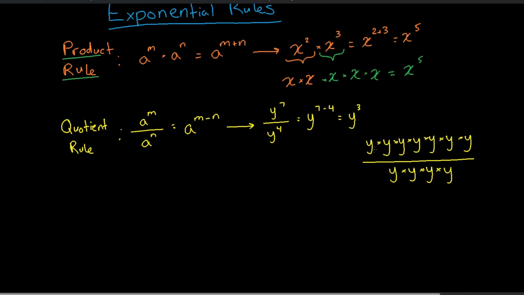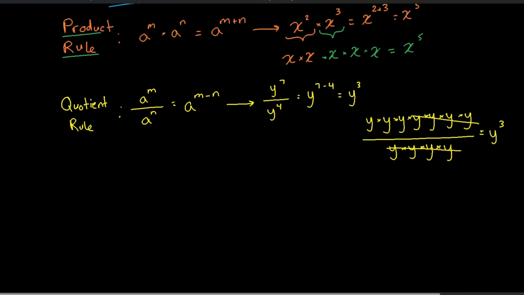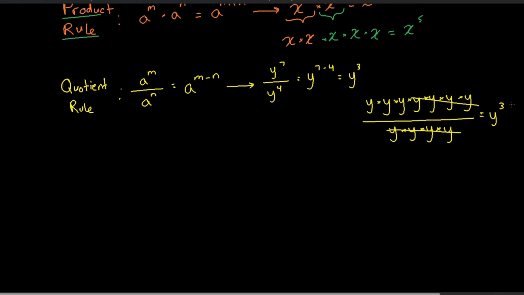Well, 4 of these y's up here will cancel out with the 4 y's down here, so you're left with 3 y's, or y to the third. So that's another nice thing. You don't have to memorize it. You just have to understand where it's coming from.